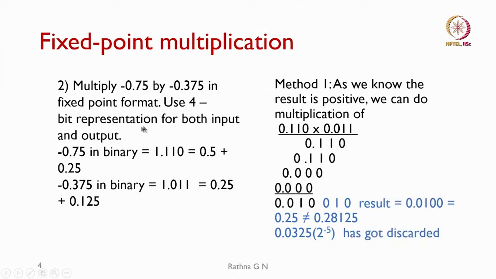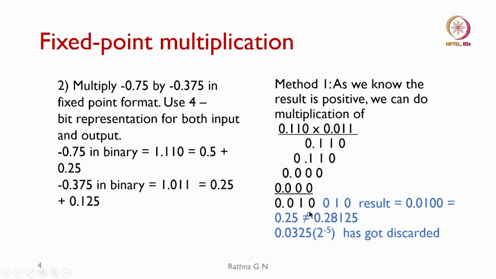First, we know that minus 0.75 in binary is represented as 1.110, which is nothing but 0.5 plus 0.25 giving 0.75, and then minus 0.375 is this number. Since I know I am going to get a positive value, I can take both as positive numbers and then do the multiplication.